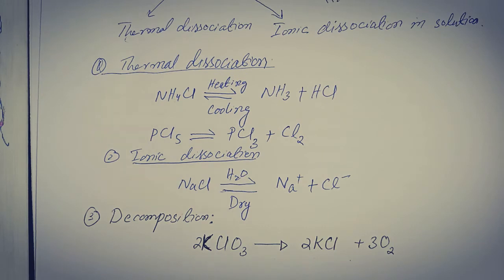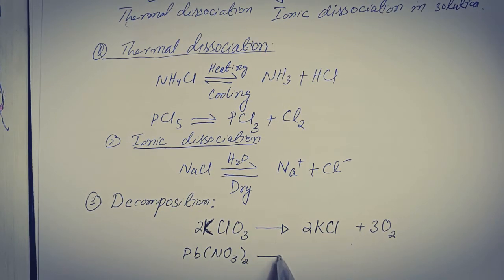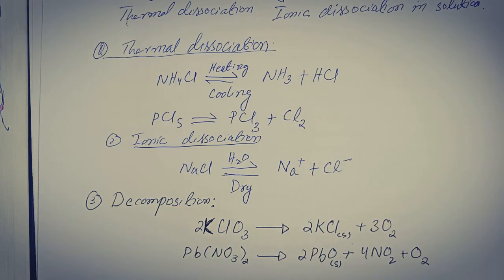Another example is decomposition of lead nitrate into lead oxide, nitrogen dioxide and oxygen gases. Here lead oxide is solid, potassium chloride is solid, and these two molecules are also solid.